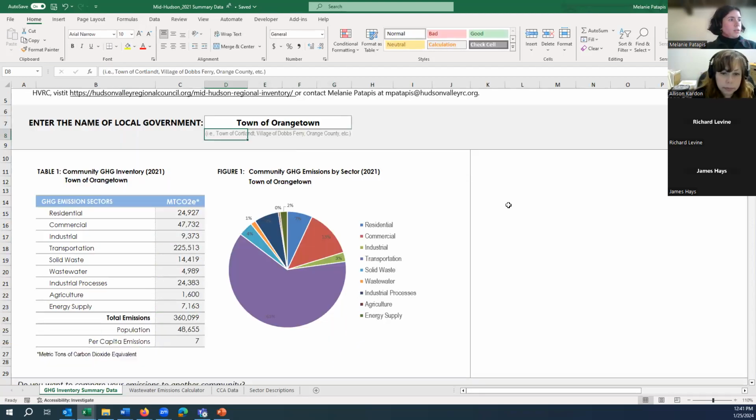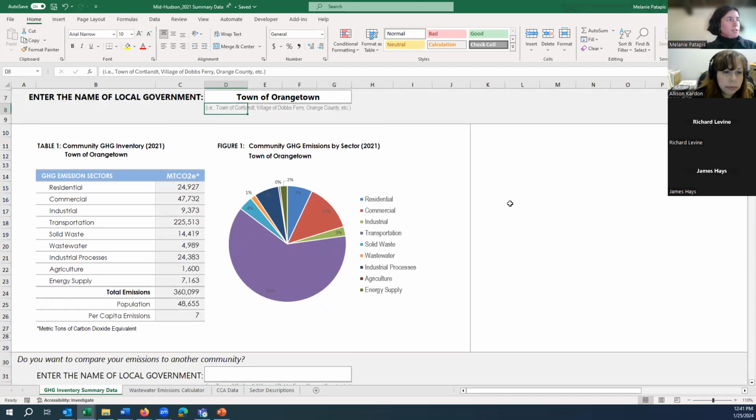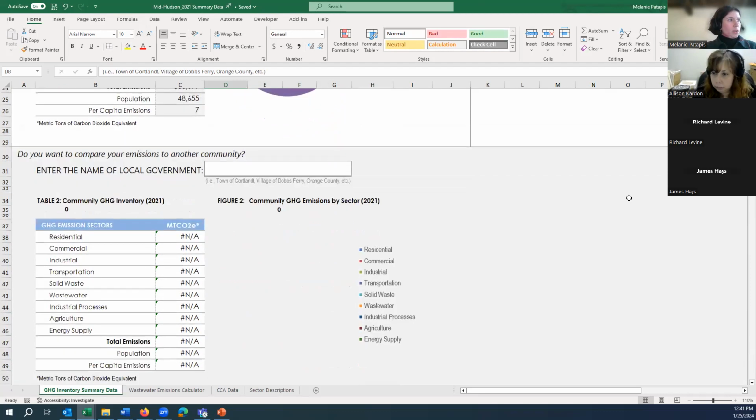So here is the breakdown by sector of Orange Town's emissions. These two, this table and this figure, are what you will pull to input into your community inventory report. If you keep scrolling down here, you'll see another option if you want to compare your emissions to another community.